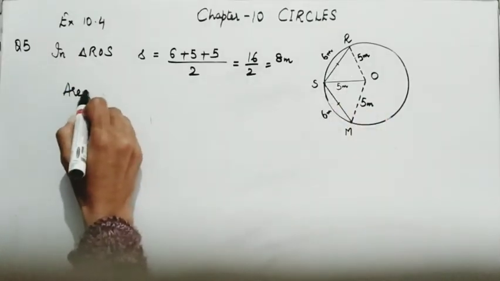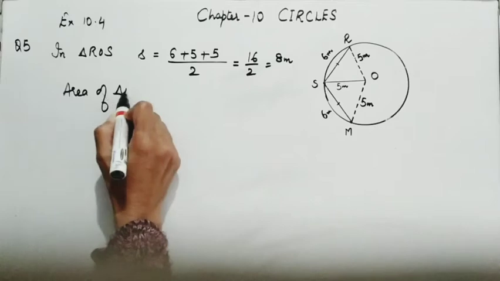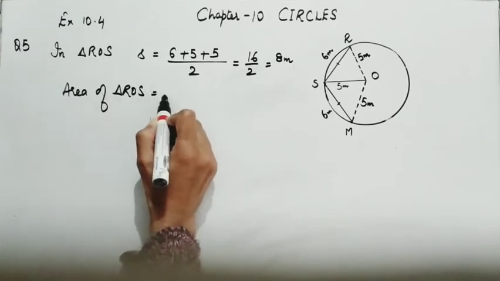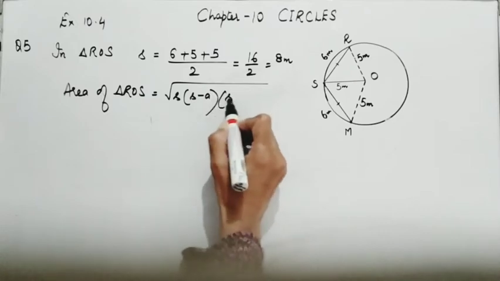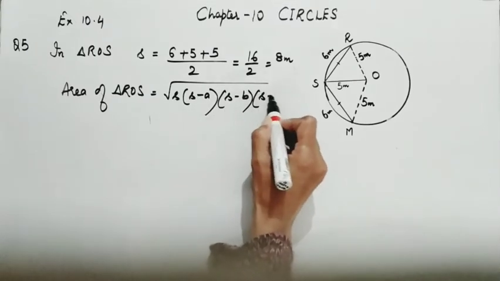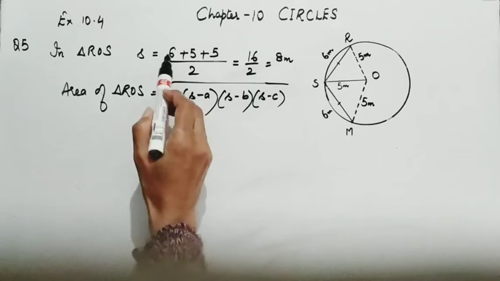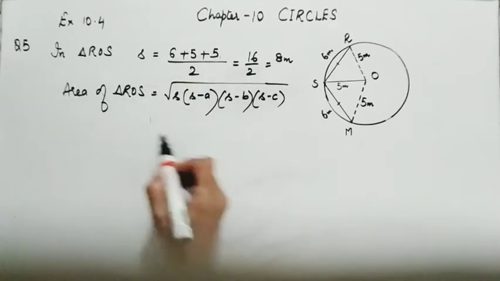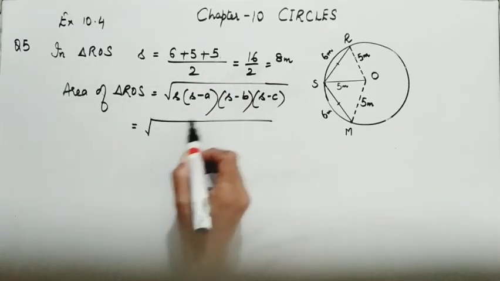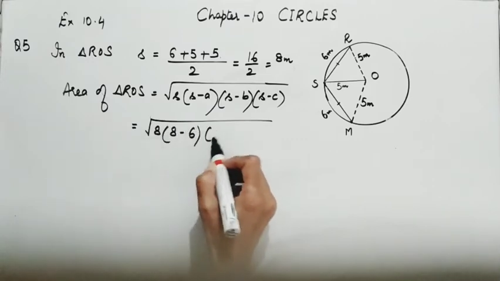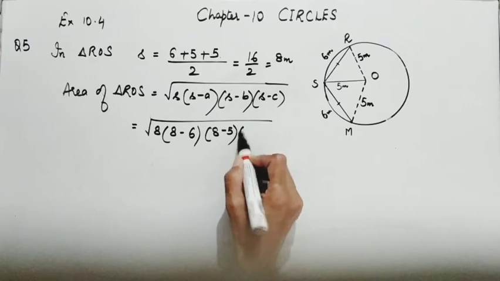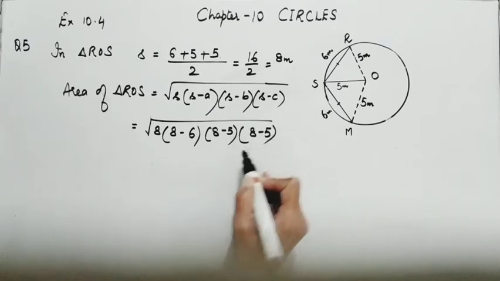Area would be square root of s minus a, s minus b, s minus c. What are these a, b, c? These are sides a, b and c. Substitute the values and find out. This is 8, 8 minus 6, 8 minus 5 and one more times 8 minus 5.